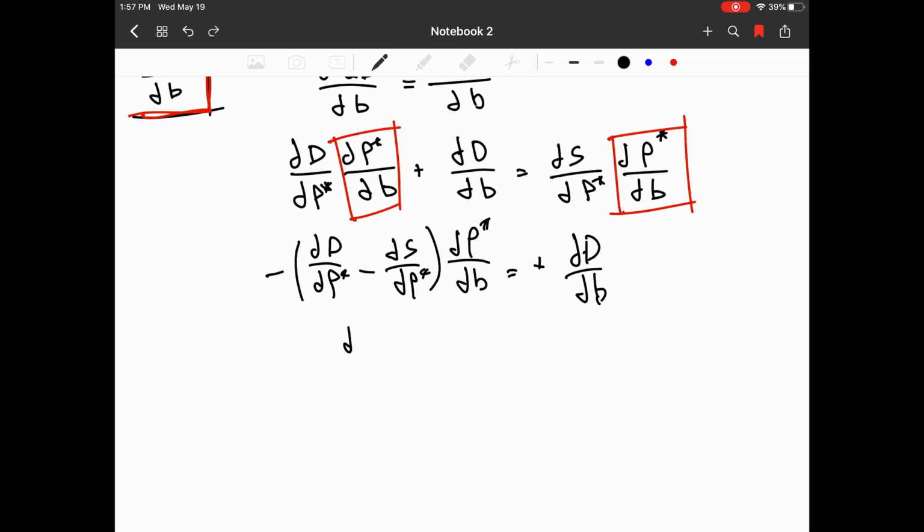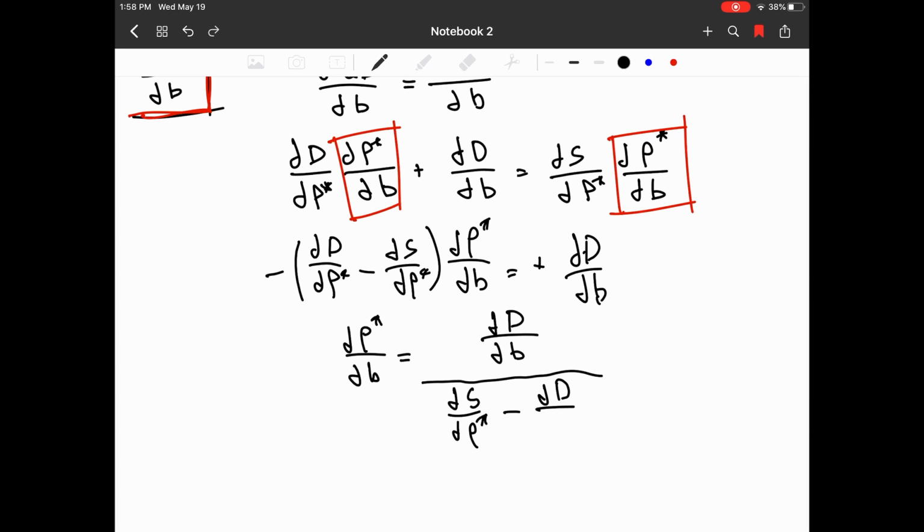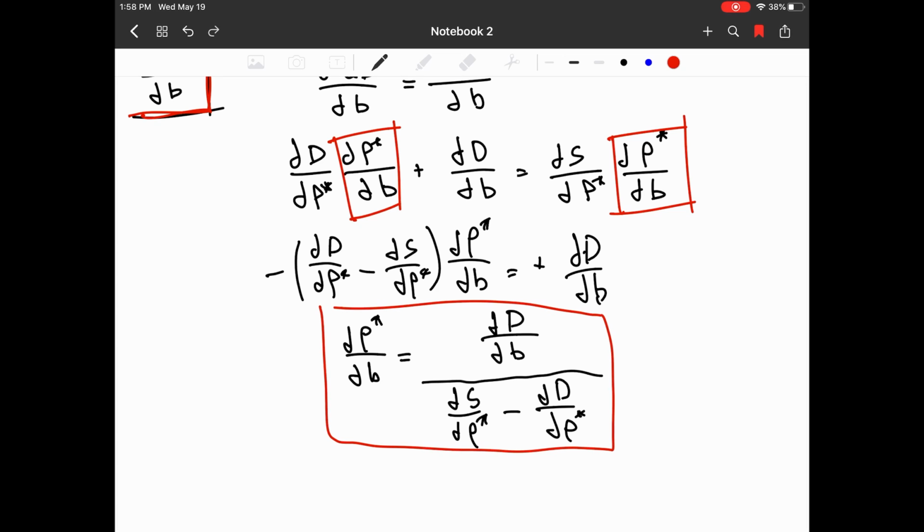So then dp star db is equal to, on top, we have dd db, and on bottom we have ds dp star minus dd dp star. Okay. So this is our answer here. This is how price changes in response to a change in b.